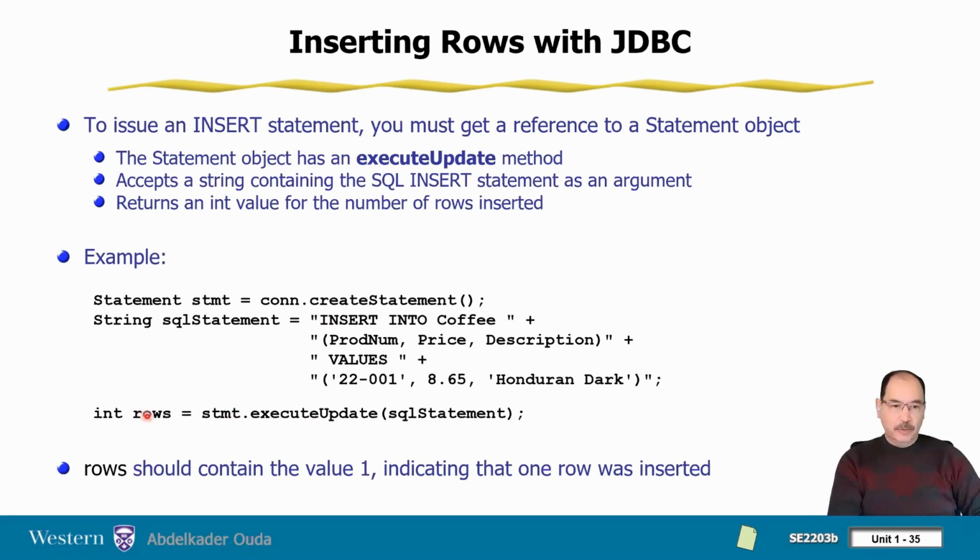And then we expect something to return. This will not return what you have saved in the database, but it returns how many rows have been saved in the table. So if this is just 1, then it's going to return 1. If we store multiple, we're going to retrieve how many rows have been updated.